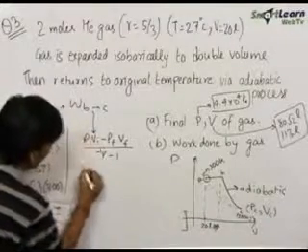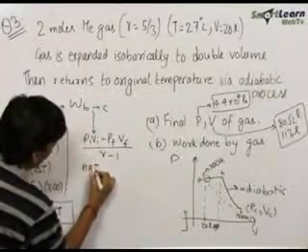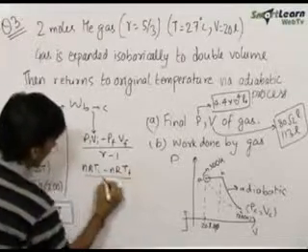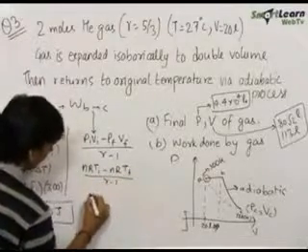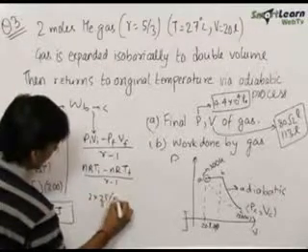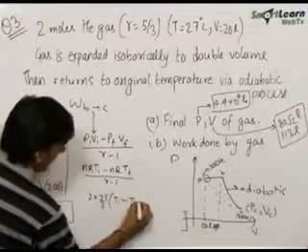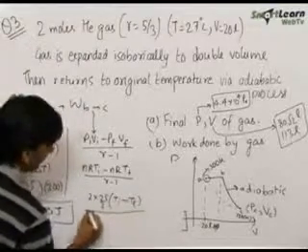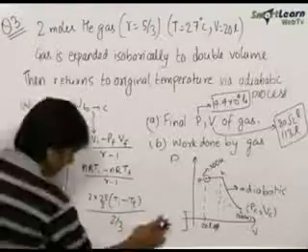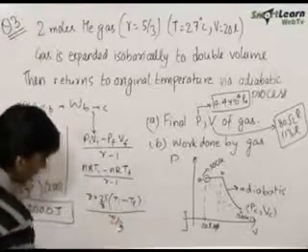Instead we can write this as NR T initial minus NR T final upon gamma minus 1. This is equal to NR, that is 2 into 25 by 3 into T initial minus T final upon gamma minus 1, that is equal to 2 by 3. So this gets cancelled.